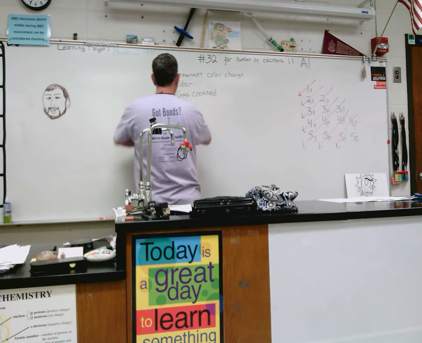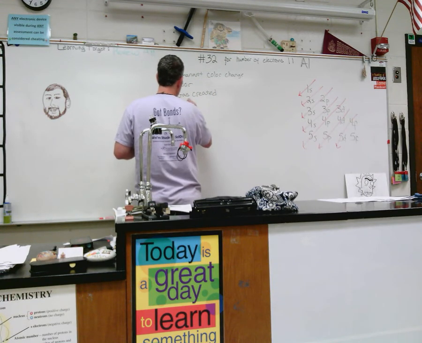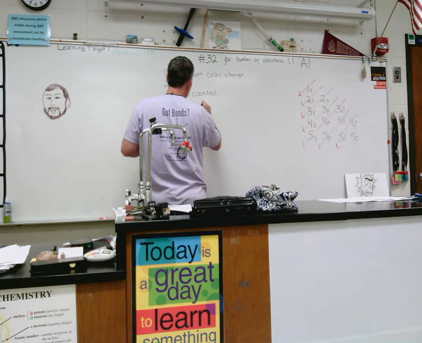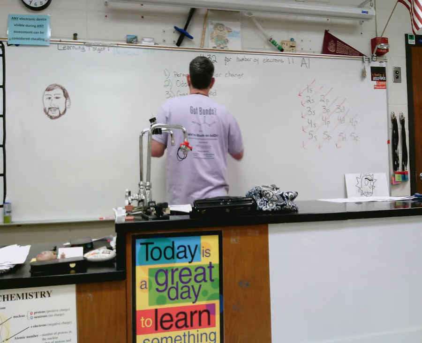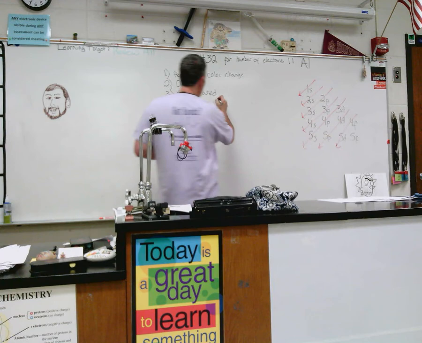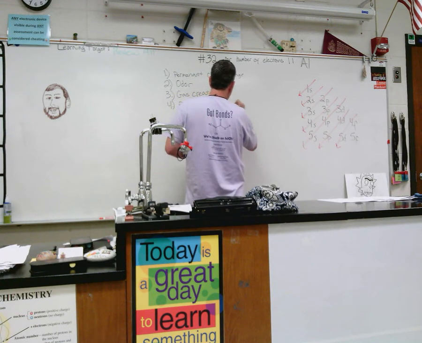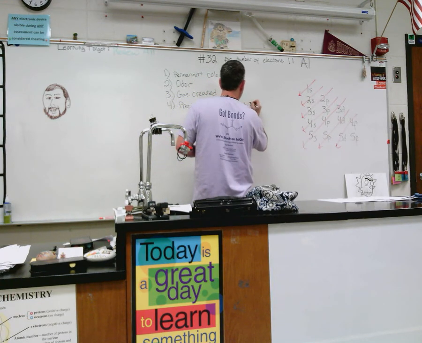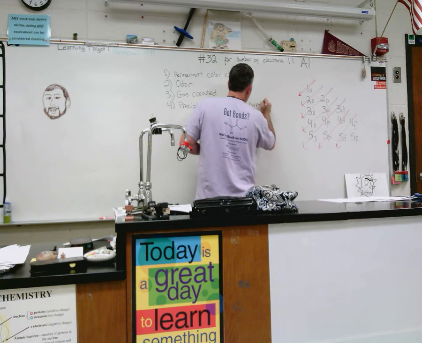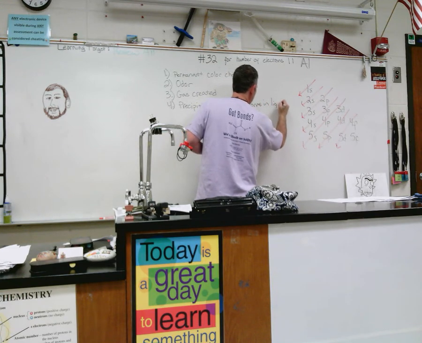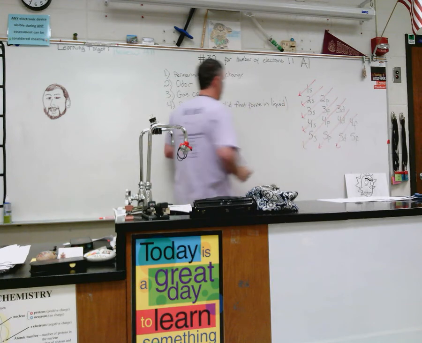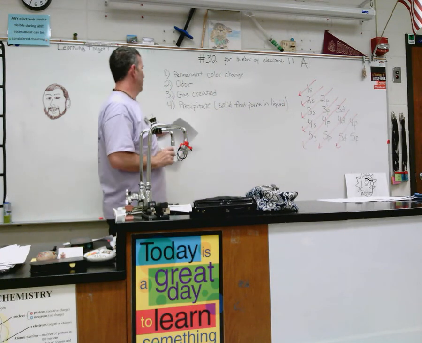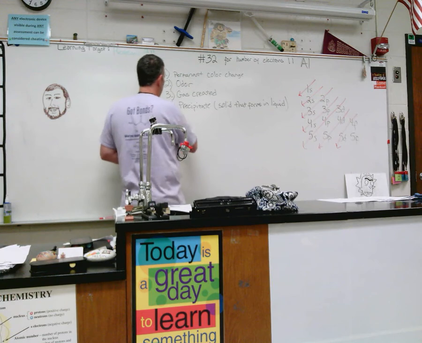4 is a precipitate. A precipitate is a solid that forms in liquid. I'm going to go ahead and give you a definition. Hopefully the camera will pick this up. 5 is a change in temp.